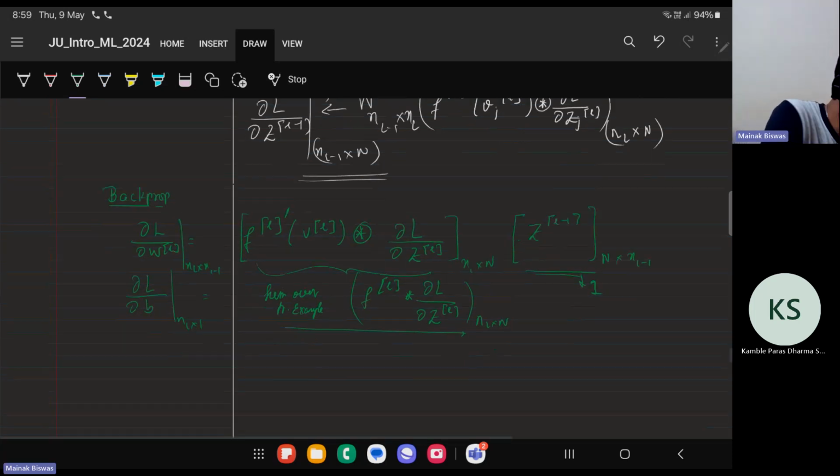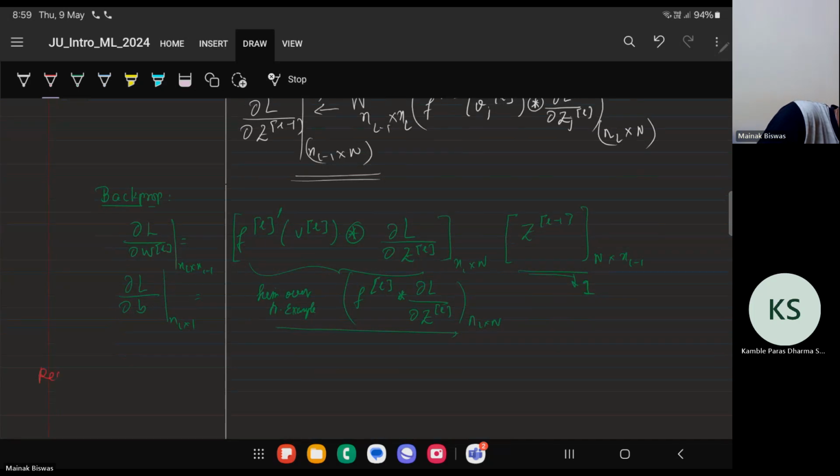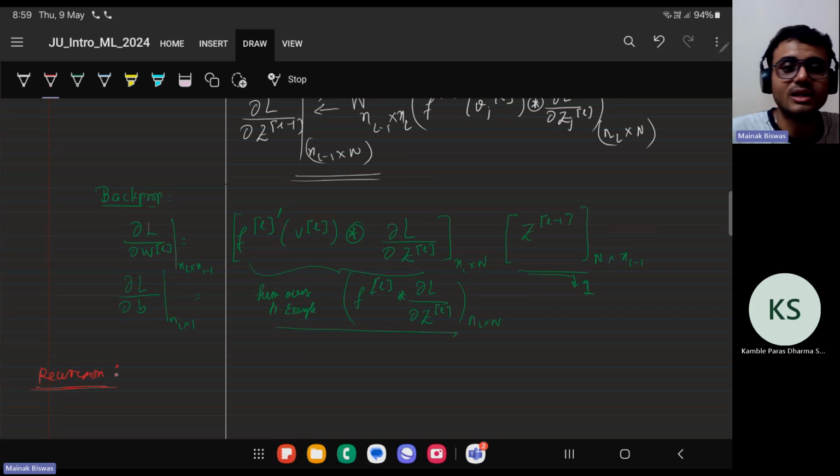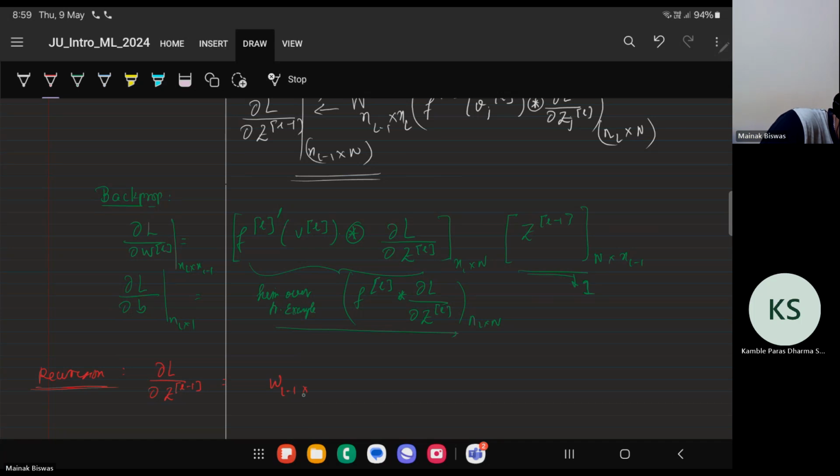And what do you do for the recursion? You complete the recursion as dL dZ L minus 1 as WL minus 1 transpose. Same thing. This is the local gradient.